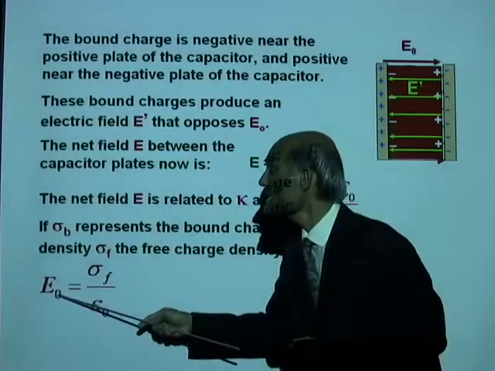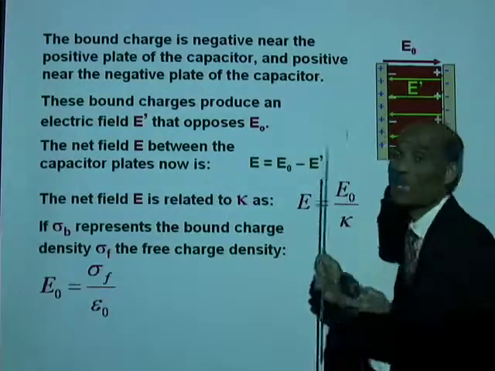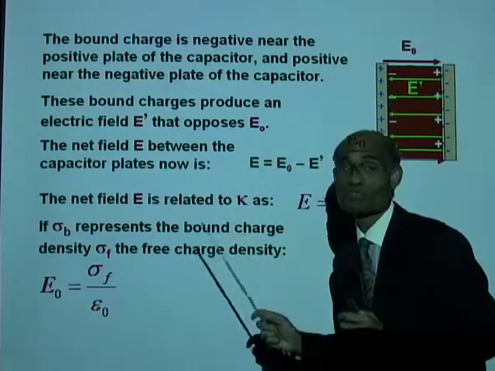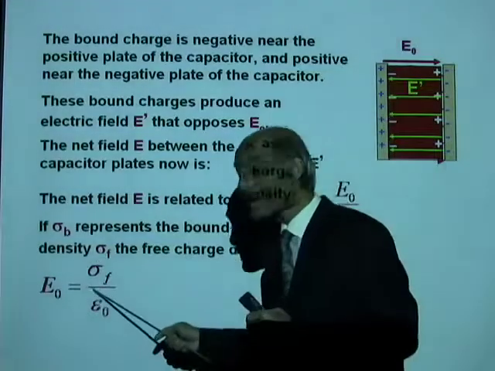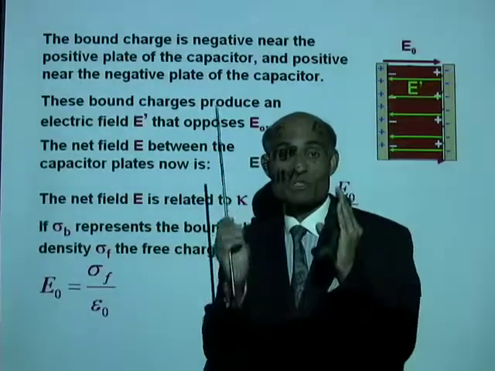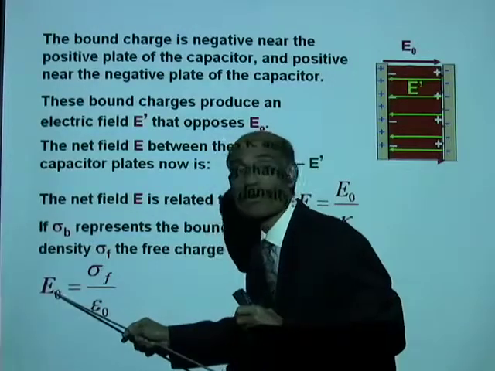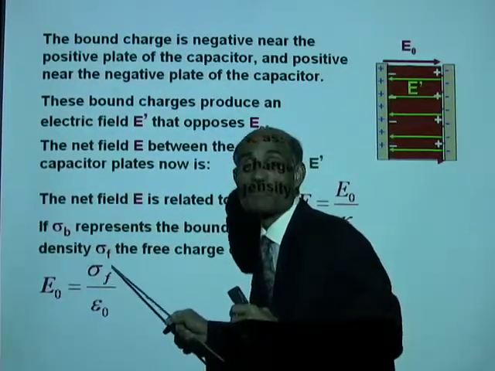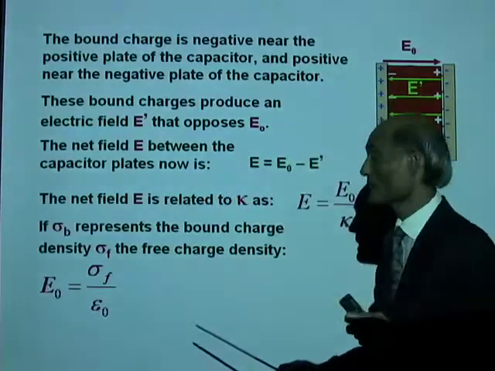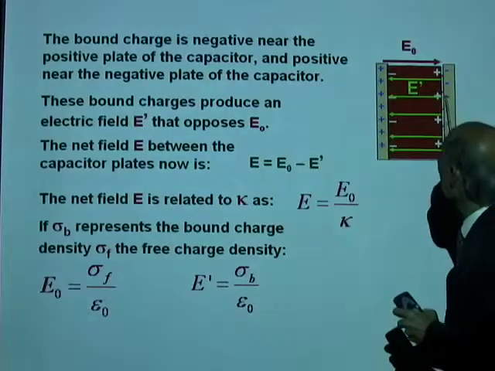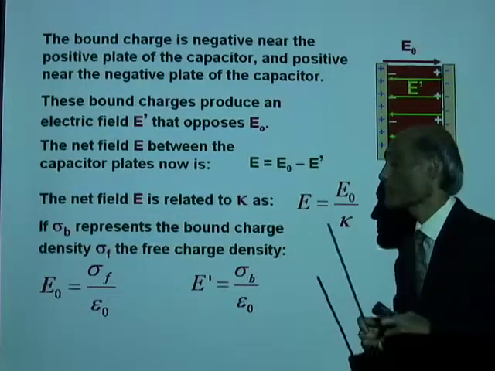Then we can say E0, the electric field between the capacitor plates before the dielectric is introduced, is sigma F divided by epsilon naught. I hope you remember that the electric field between two parallel plates is sigma over epsilon naught. So E0 is caused by the free charges, and therefore that will be sigma F divided by epsilon naught. And E prime, the electric field caused by the bound charges, will be sigma B divided by epsilon naught.